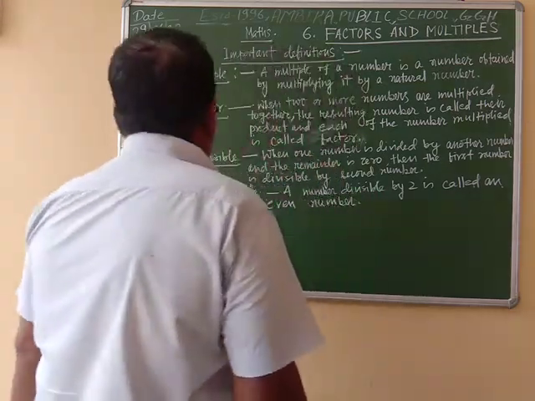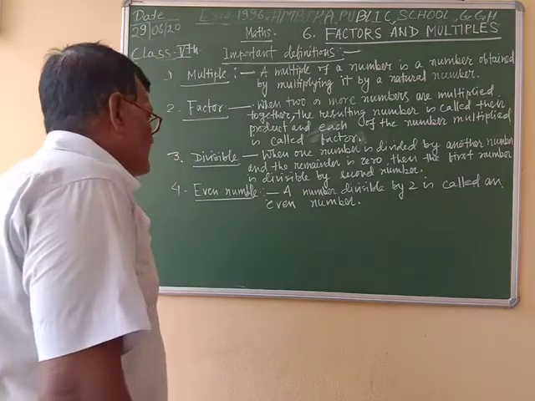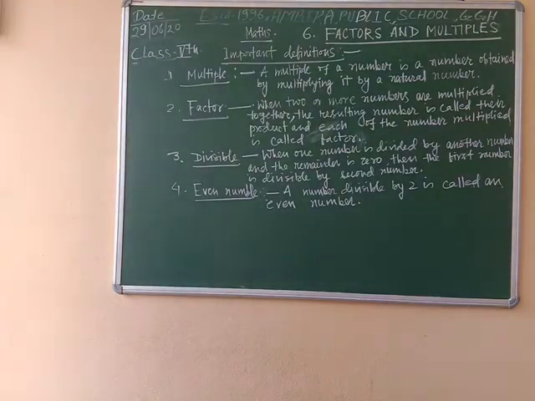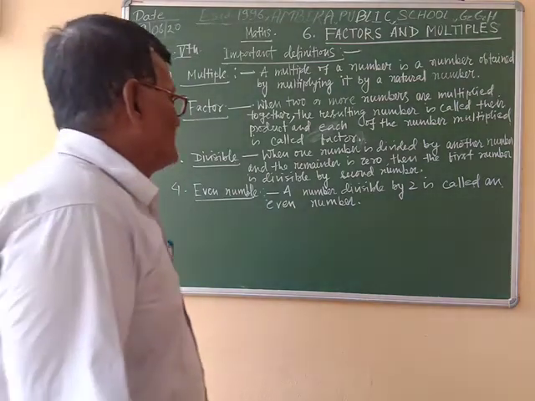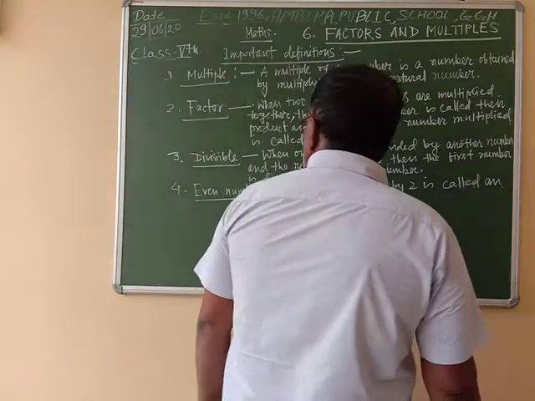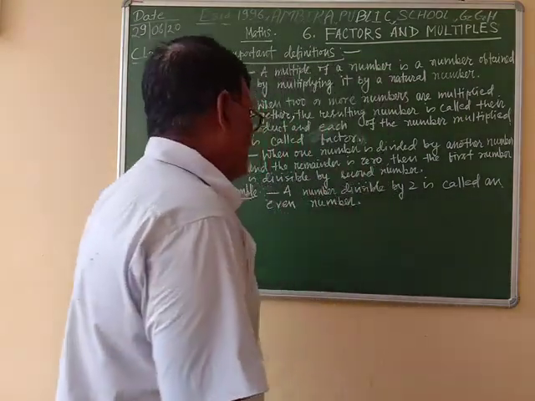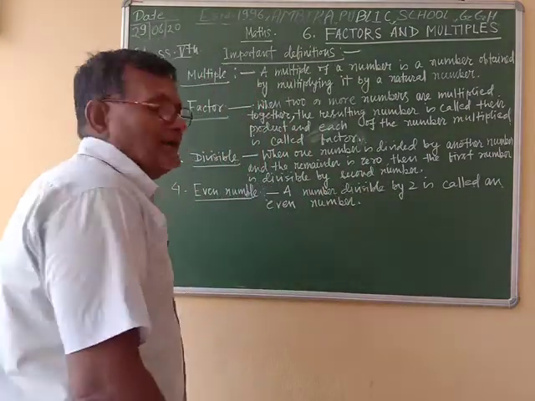Examples of even numbers are 2, 4, 6, 8, 10, 12, etc. Because all these numbers are divisible by 2.